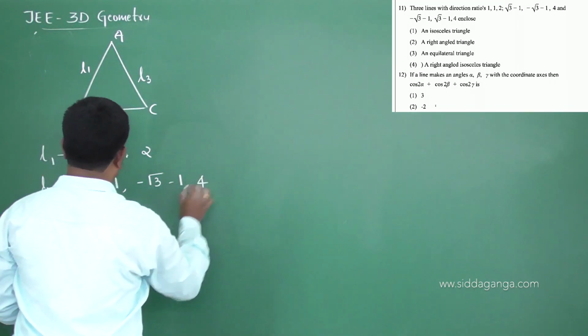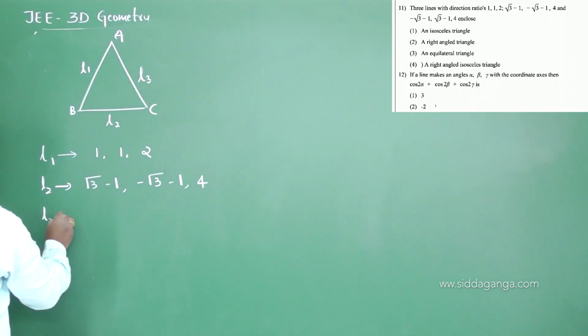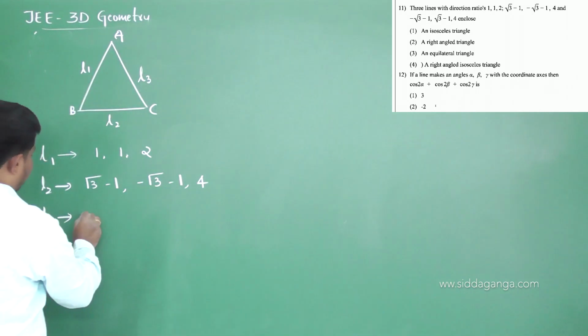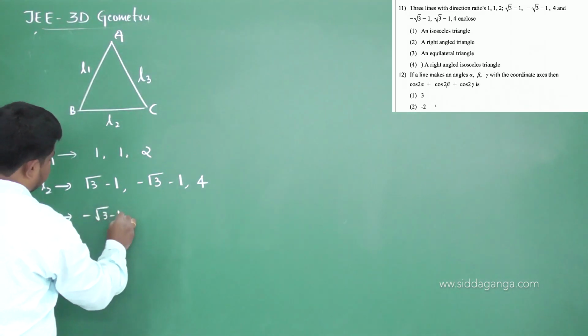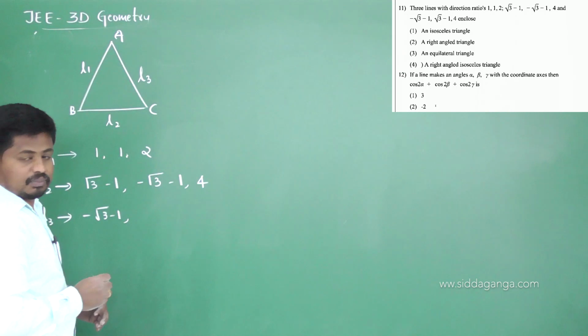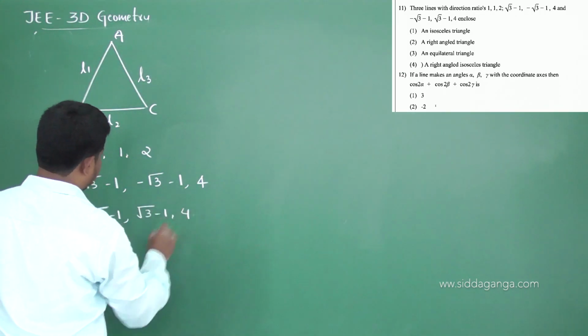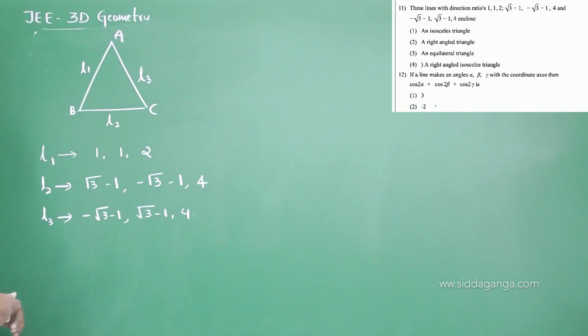These are the ratios of L2, and the line L3 has ratios minus root 3 minus 1, root 3 minus 1, 4. So whenever 3 sides have these ratios, what type of triangle do they form?